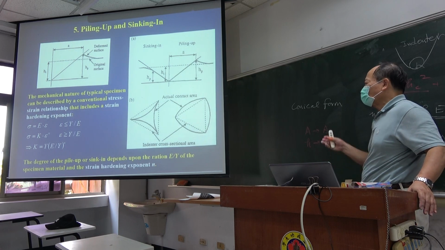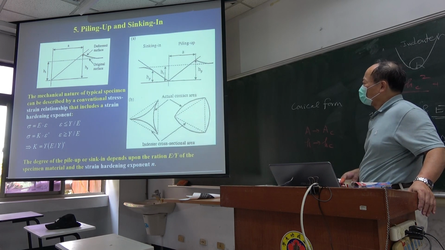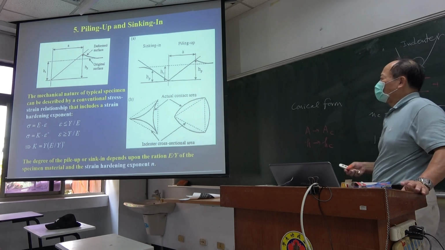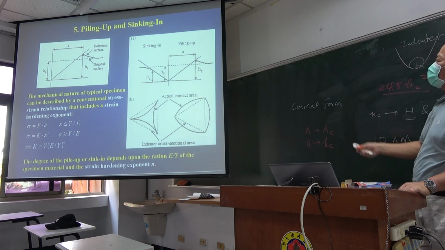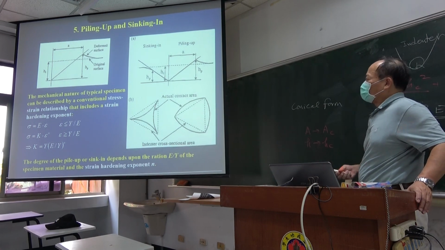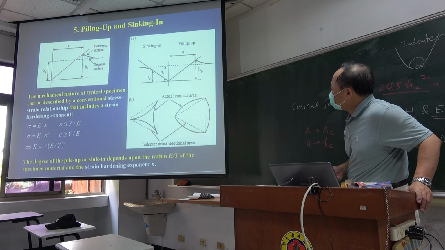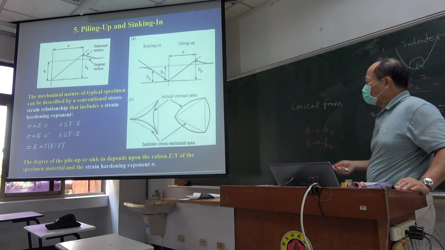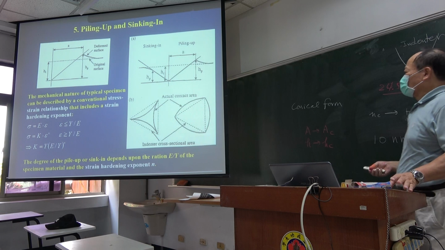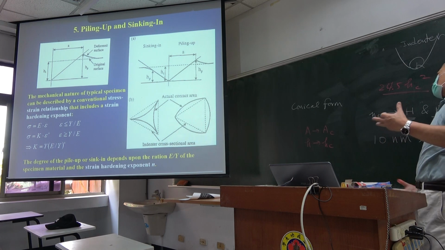If we use the ideal contact area as our contact area, we'll find the bigger error we create. Okay. So there is piling up and sinking in. As I have mentioned many times, you use this additional term to modify your solution.